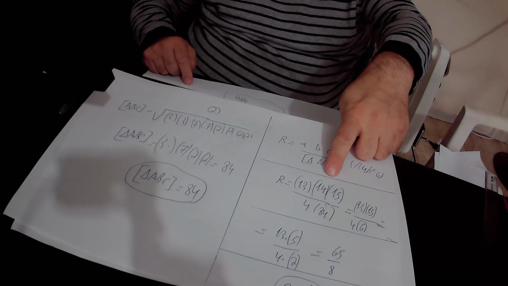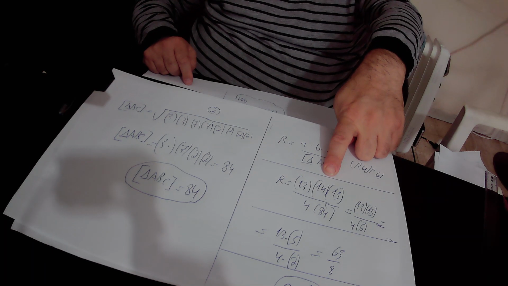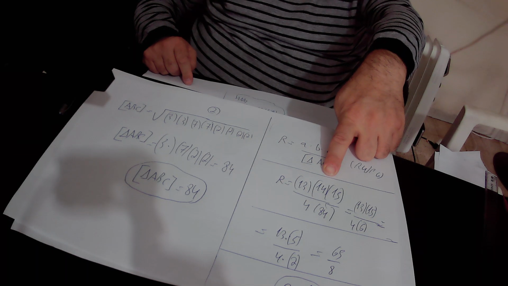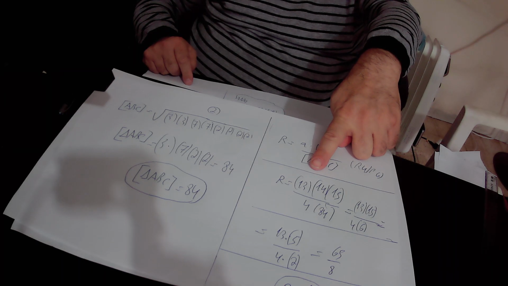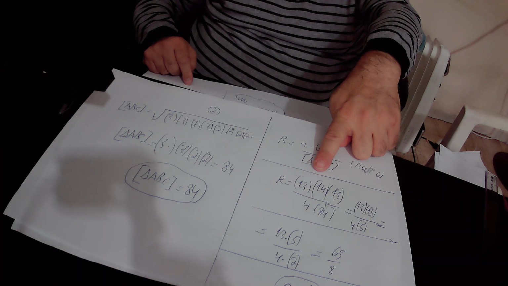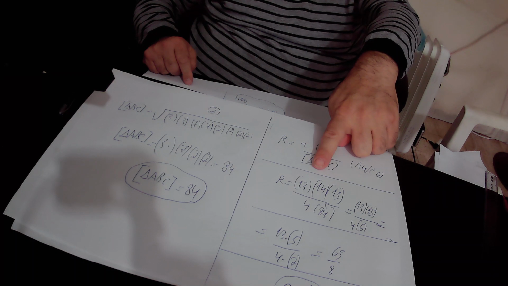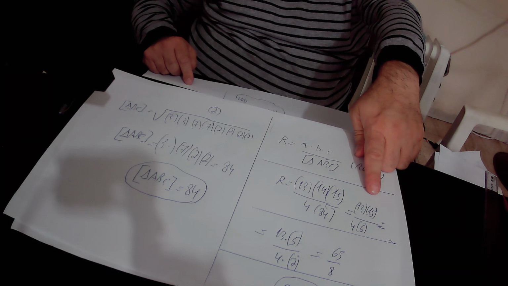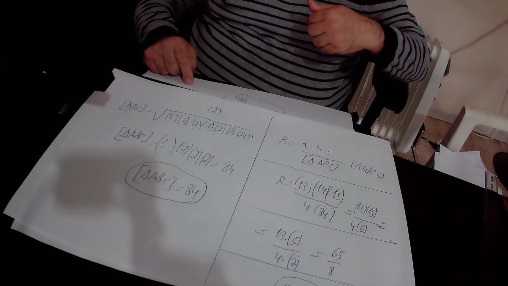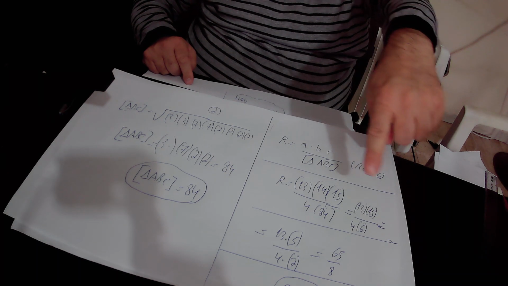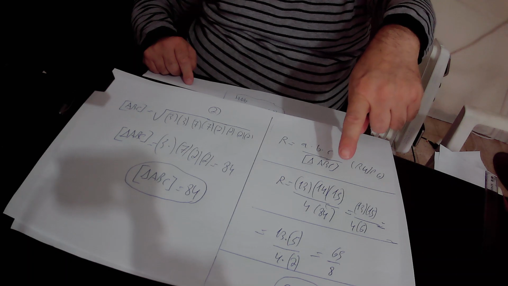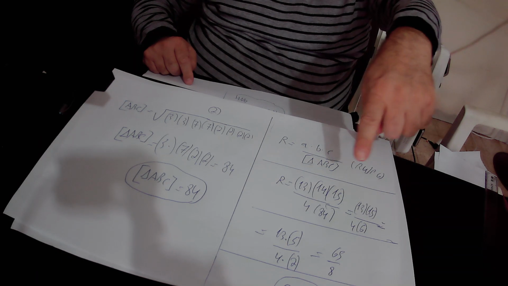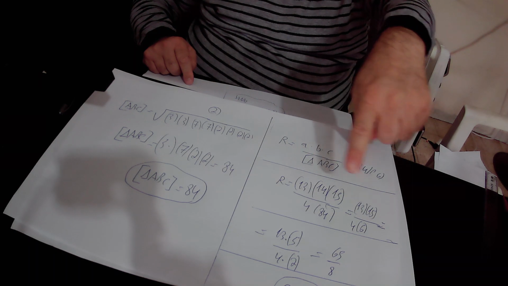Here we divided both the numerator and the denominator of this expression by 14. In the numerator, 14 over 14 is 1, so in total we are left only with 13 times 15. In the denominator we have 4 times 84 over 14, which is 6. So in total in the denominator we have 4 times 6.